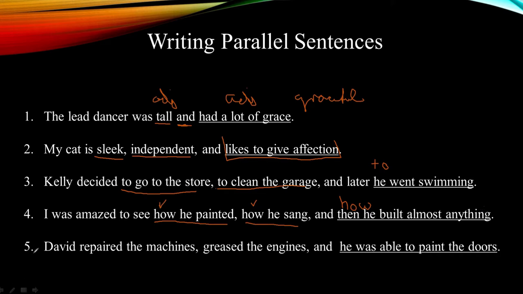And then, of course, the last one, David repaired the machines. Now we have a verb phrase, greased the engines, and painted the doors. Add an ed to that so that the tense is the same all the way around. It's quite easy. You just have to know that it needs to be done.